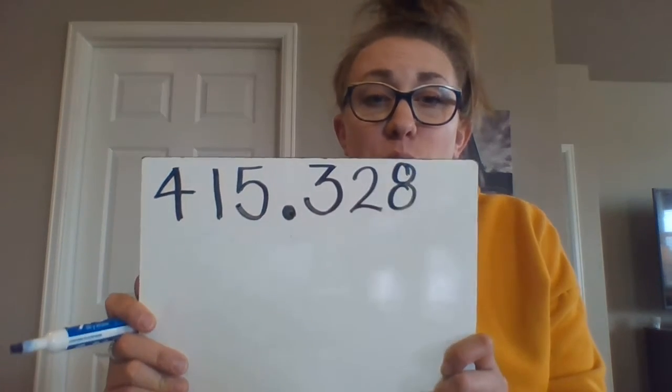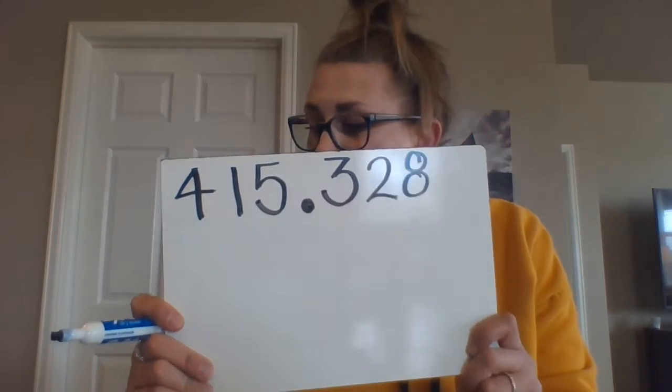So we are now going into, I'm adding 3 numbers after my decimal point, and I know that all of those are going to be less than 1. So I have 415.328.